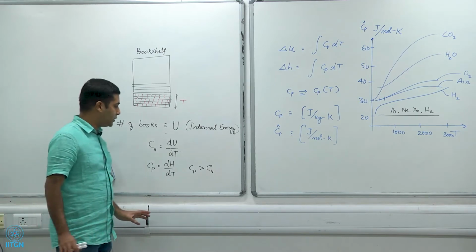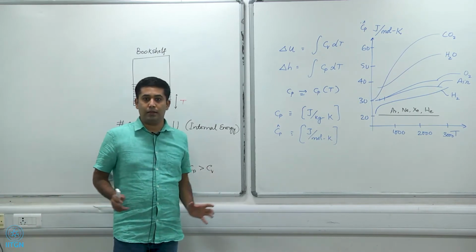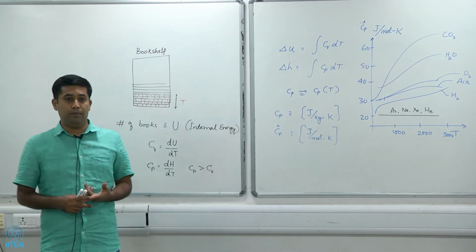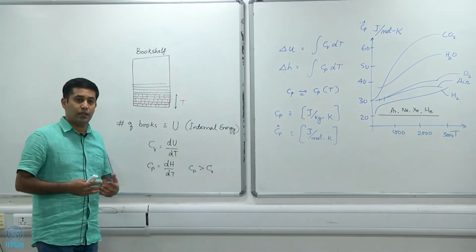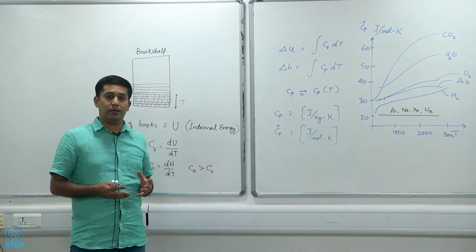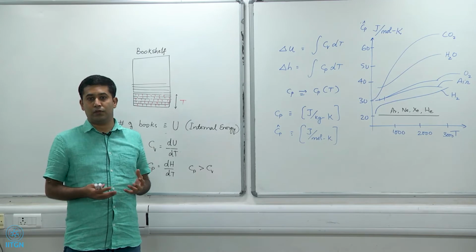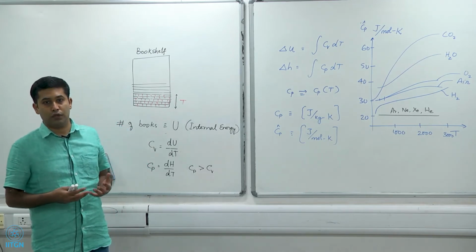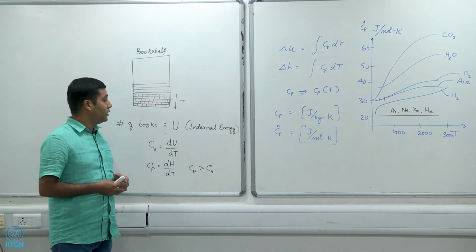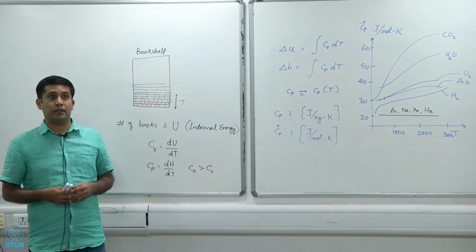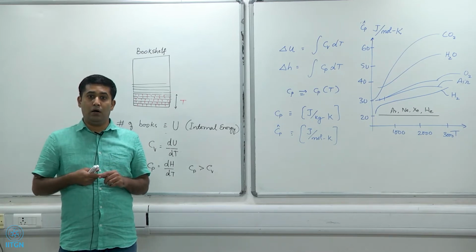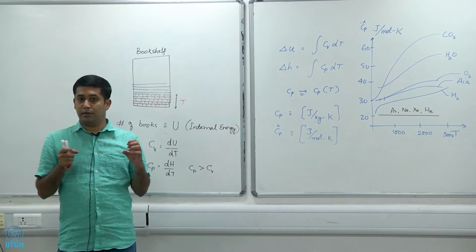Now, this is all for monoatomic gas, right? So, if we are talking about argon, helium, xenon, neon, etc. But what happens if, instead of a monoatomic gas, I have a diatomic gas, let us say oxygen, nitrogen, carbon monoxide, right? Then I can put these energies into different forms. For example, I can put it into rotational kinetic energy, or I can put it into vibrational kinetic energy, right?